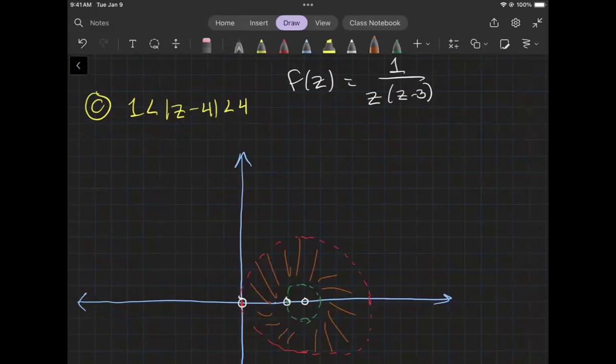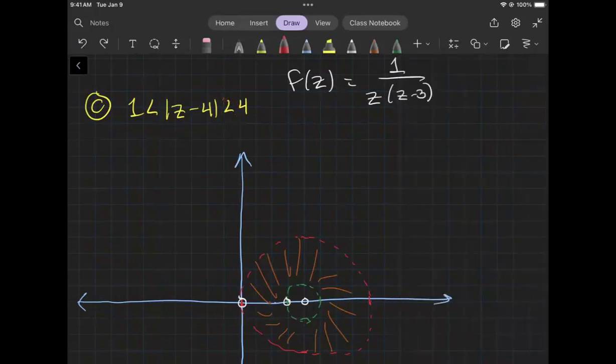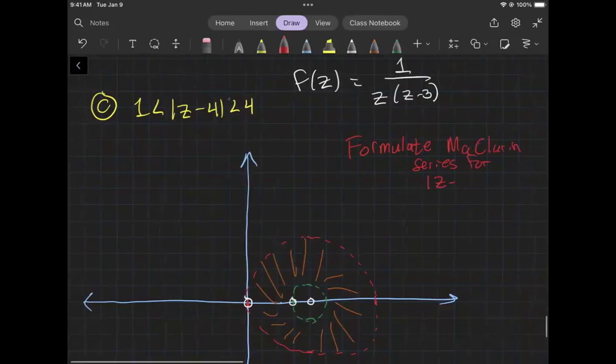If we see a less than sign here, that will indicate that we need to formulate a Maclaurin series for the upper portion of this domain.